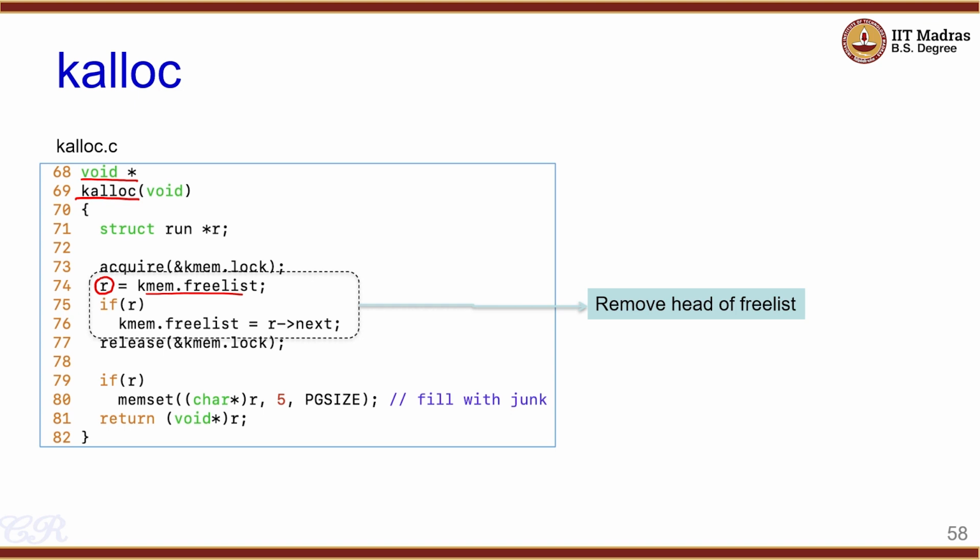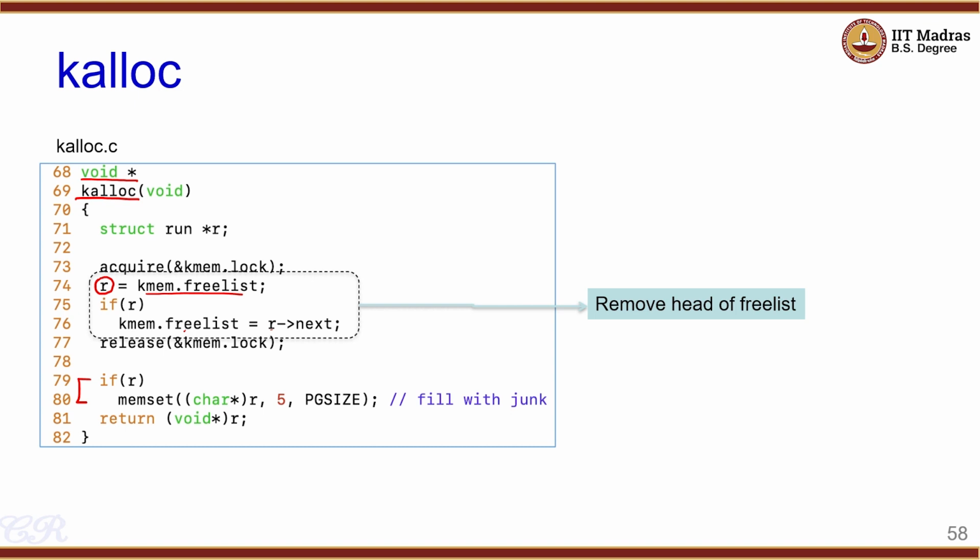So we see here that R is returned and the free list points to R next, the subsequent one.